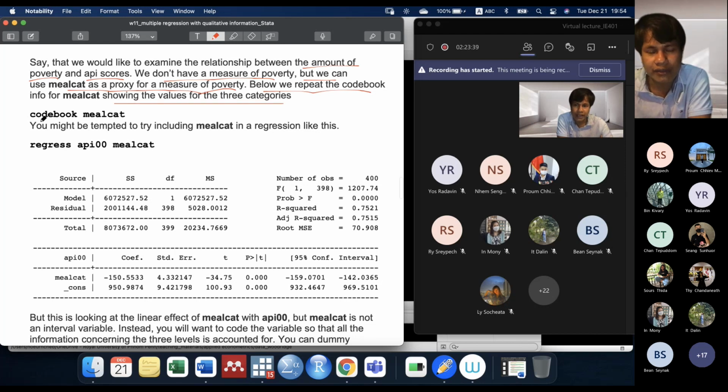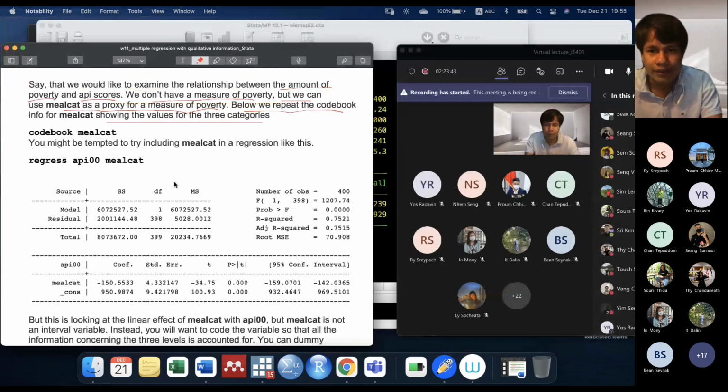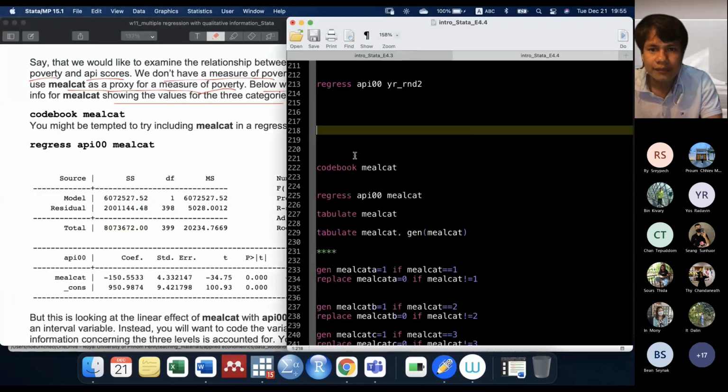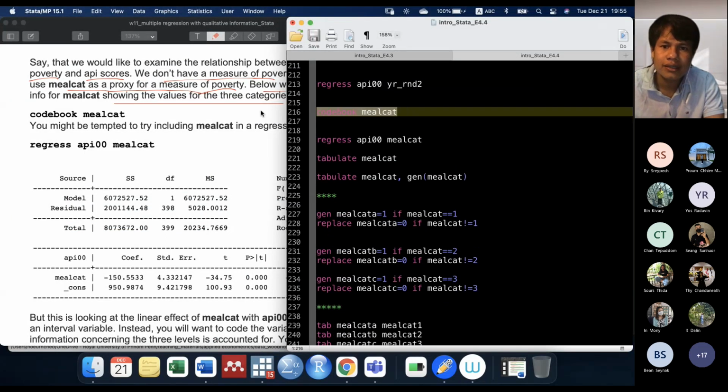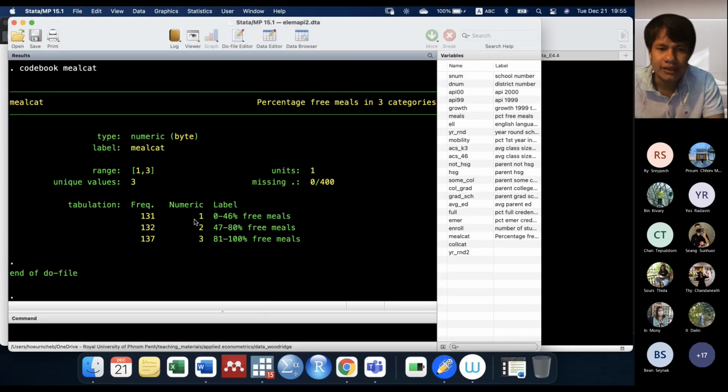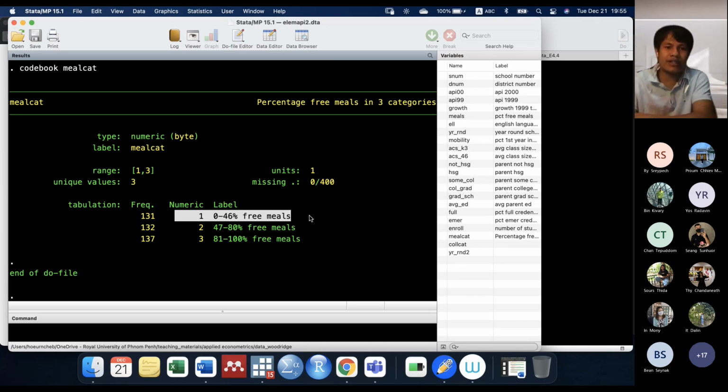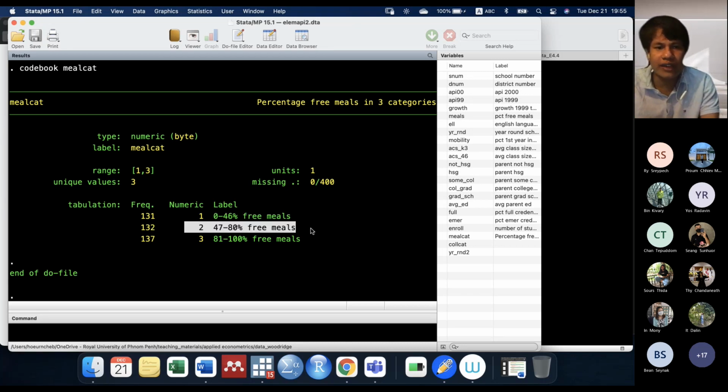So you can type codebook meerkat to understand more. I type codebook meerkat, then I can see the result like this. Category 1 is 0 to 46% of students in the school receiving free meals. Category 2 is 47 to 80% of students receiving free meals.